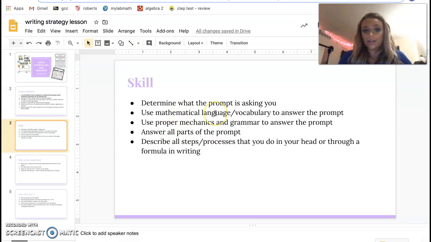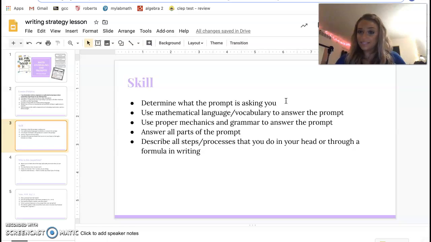So the skill: you want to first determine what the prompt is asking you. So you want to read the prompt and figure out, what am I supposed to be writing about? Then you definitely want to use mathematical language and vocabulary to answer that prompt. And you have to use proper mechanics and grammar to answer it.